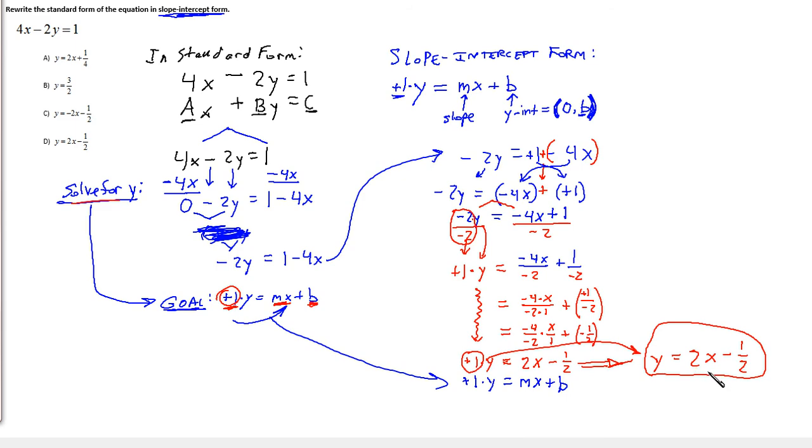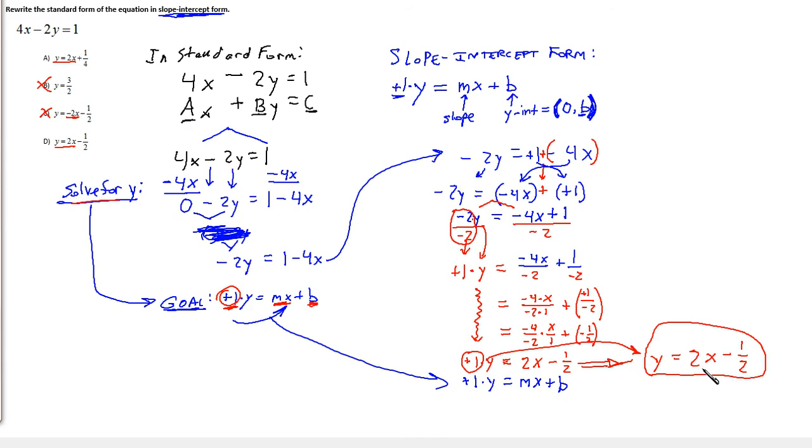Y equals 2x minus 1/2. When we come up here, I look for y equals 2x. This is a possibility, y equals 2x. This one's not right, I don't have an x in this at all. This one's y equals negative 2x. Well, that's not right, a negative 2x, so it can't be this one. This has y equals 2x so far. It looks pretty good, so I compare. The answer has to be A or B. What's our constant though?